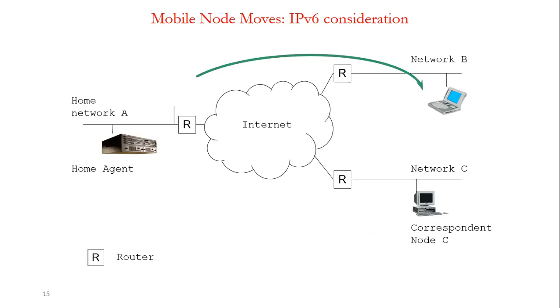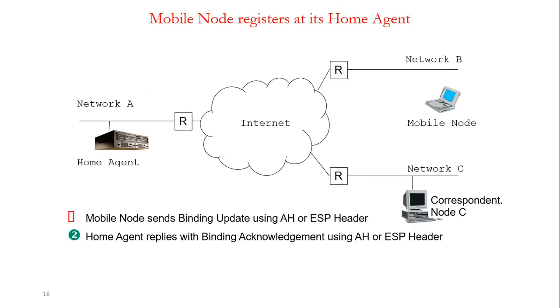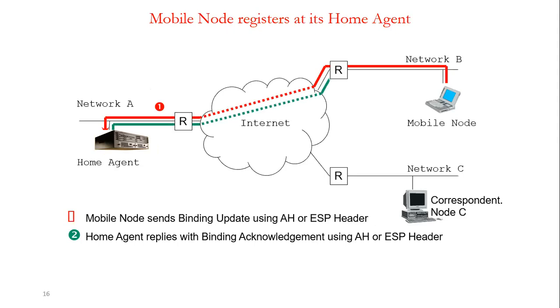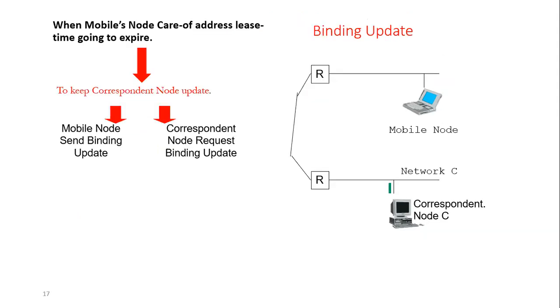Say you were registered in network A, and you have moved from network A to network B, while the corresponding node is under network C. There is a negotiation between the mobile node and the corresponding node, and this negotiation has some lifetime.